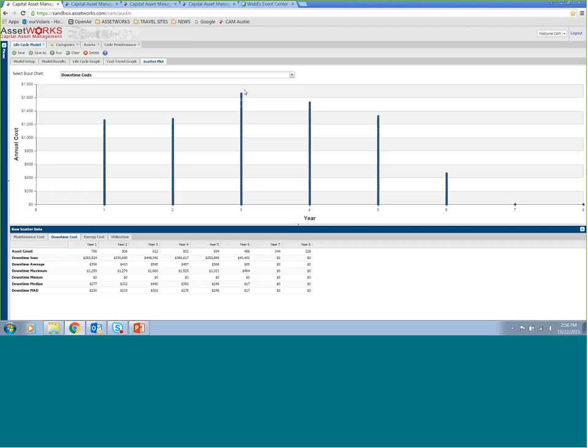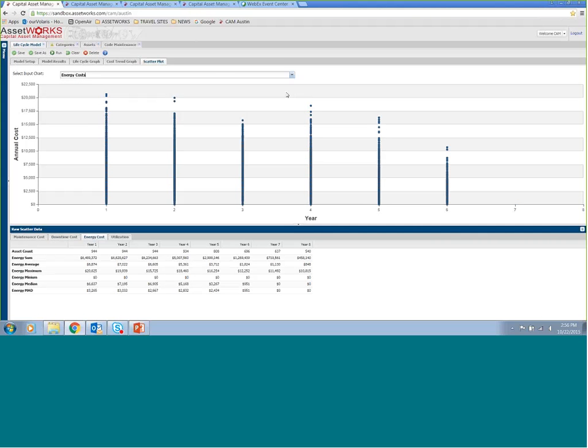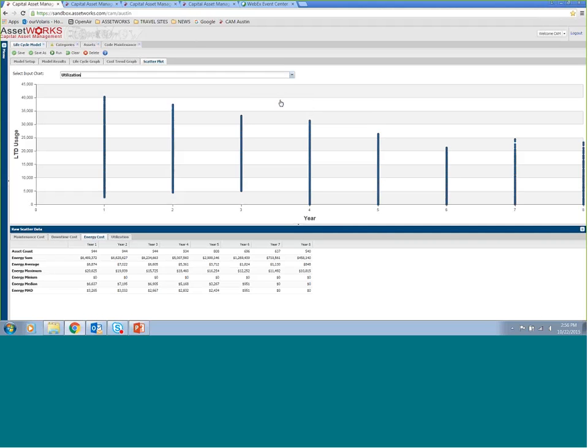So it's fairly tight. I don't have many exceptions up above here. If I take that off and rerun this, you'll see that I've got a couple units with some very high downtime that were included in the data. Similarly, I didn't exclude any energy costs, so I have a few outliers up here. And then from a utilization standpoint, I did get rid of some of my outliers in the utilization to sort of normalize that distribution.